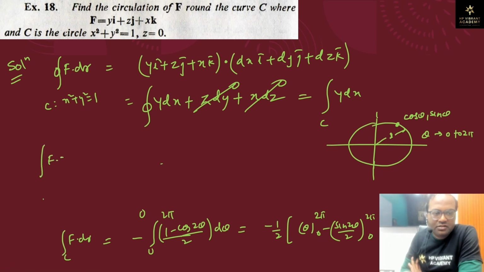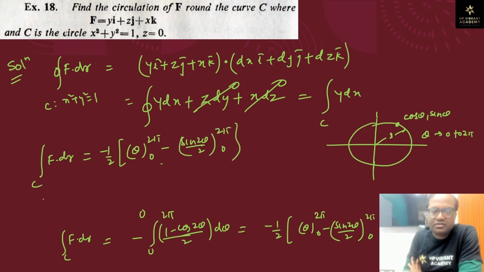So line integral of f dot dr, that is circulation along the curve C, is equal to minus 1 by 2 theta limit is 2 pi or 0 minus integration of cos 2 theta, this is sin 2 theta upon 2, limit is 2 pi or 0.